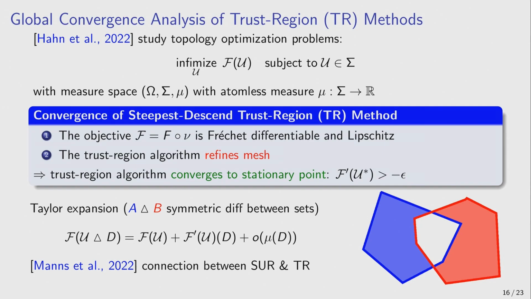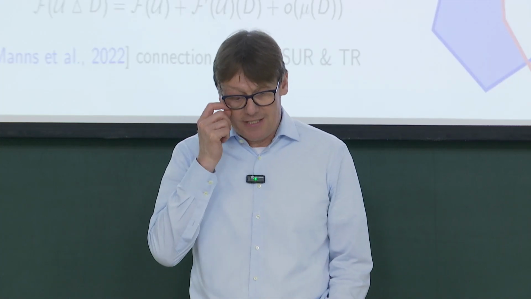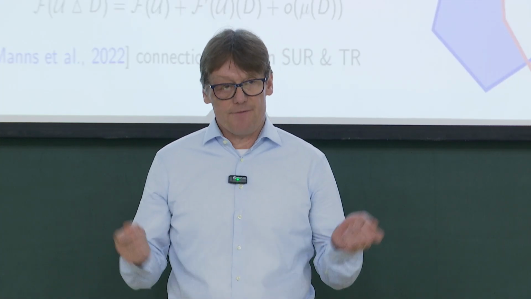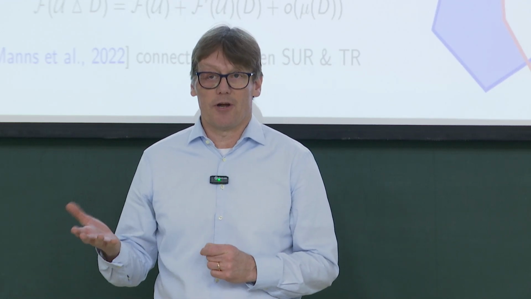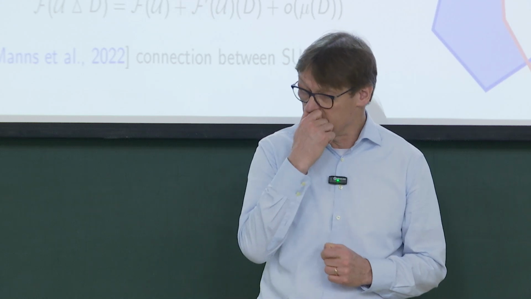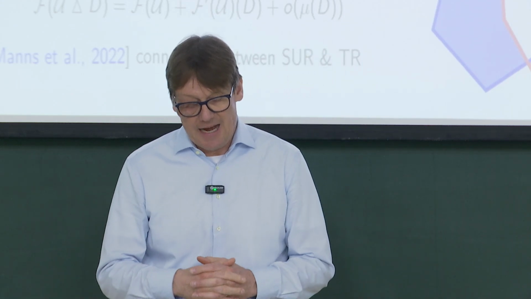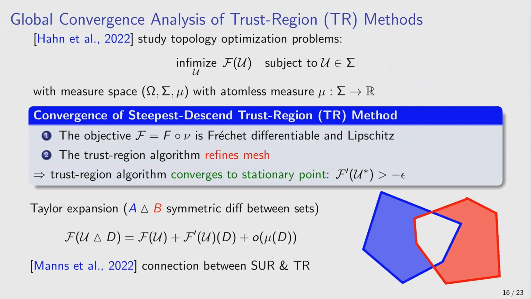You can do convergence analysis on this. Mirko Hahn, who is a PhD student of Sebastian's, studied this topology optimization problem. The convergence analysis is really quite involved and involves a lot of functional analysis. But for these problems, you can show similar results: if you refine the mesh, you get arbitrarily close to a stationary point. So there's a stationarity condition that you can show, and I'm not going to go into the details.